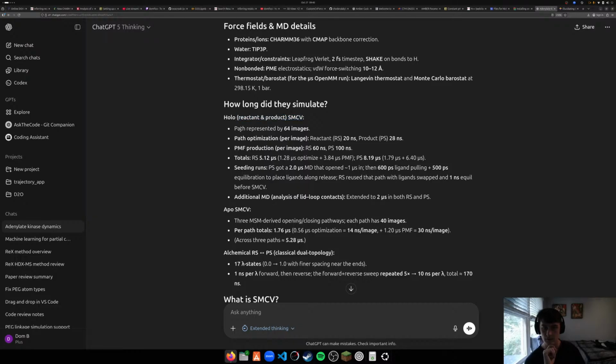Holo reactant product. Path represented by 64 images. Path optimization per image: reactant state 20 nanoseconds, product state 28 nanoseconds.